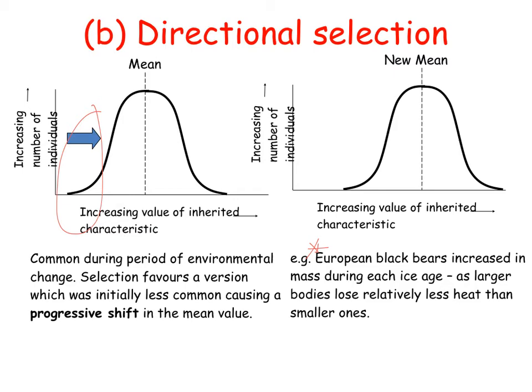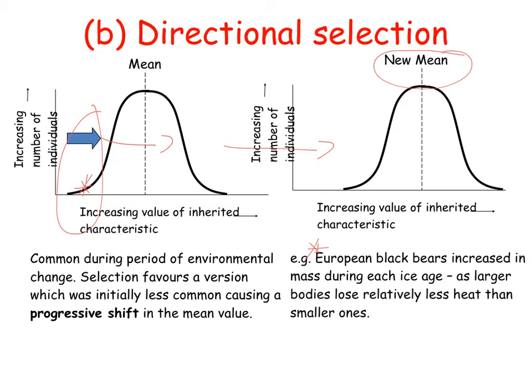Over here a lower mass for the European bears was fine, but when the environment changed, when it got colder, selection favoured animals that were larger. So the mass of the European bear started to increase, and you ended up with a shift in the normal distribution curve, and a shift in the mean.